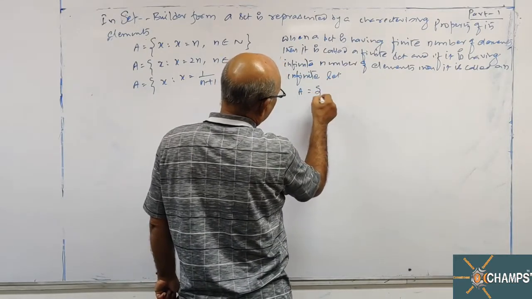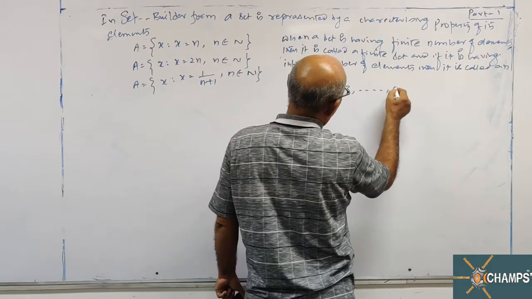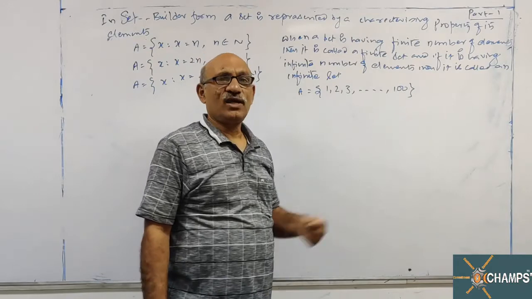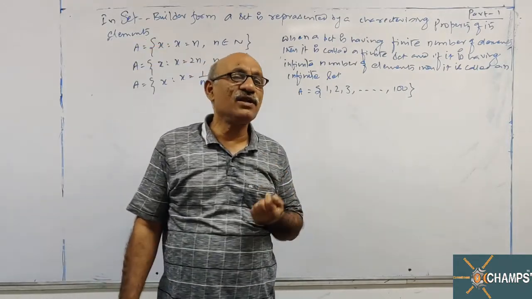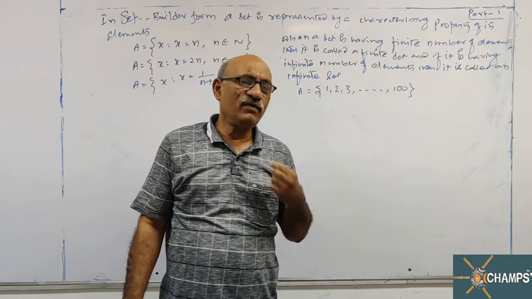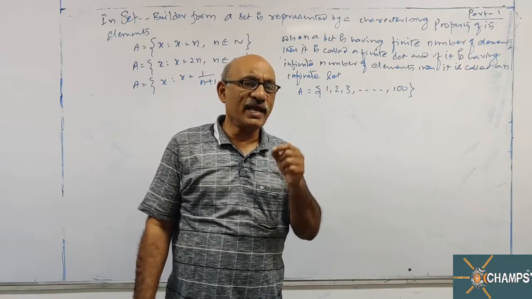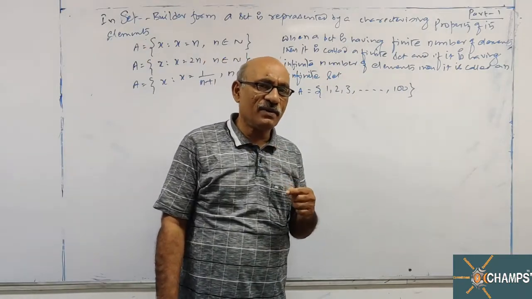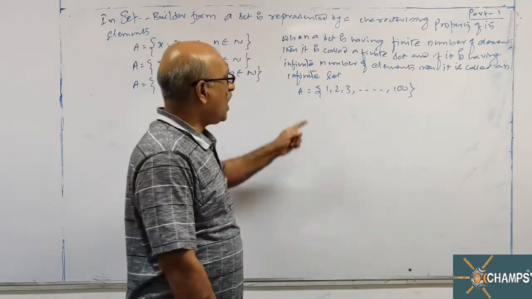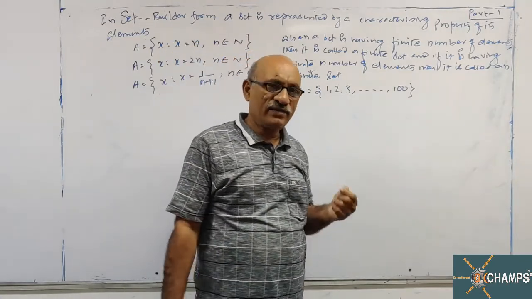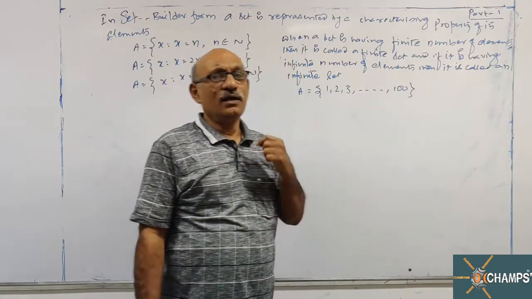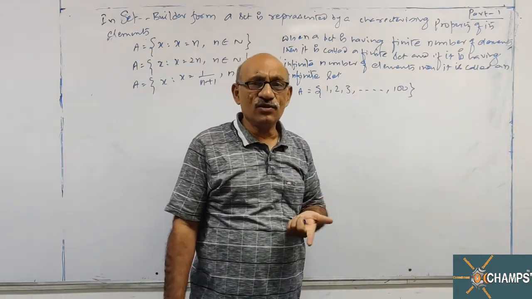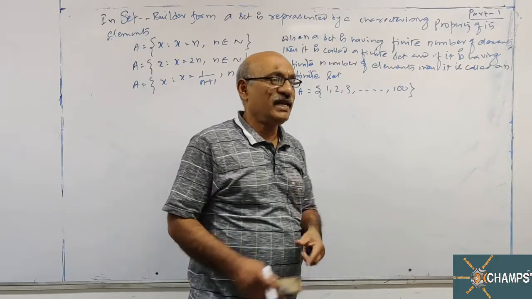For example, look at this. Here the elements are listed and the listed elements are counted by numbers. When the counting process is terminated by a natural number, then it is called a finite set. How many elements is this set having? When I start counting 1, 2, 3, 4, 5, etc., my counting process is terminated at 100. After that, there is no element in this set. So it is called a finite set.